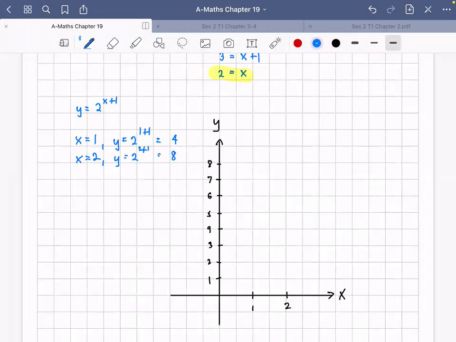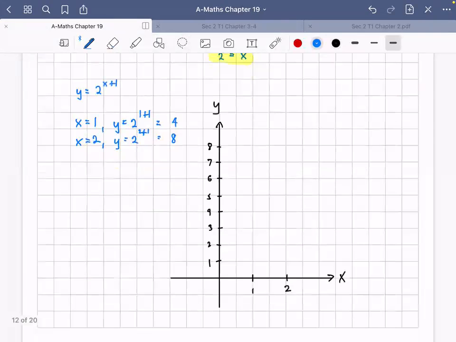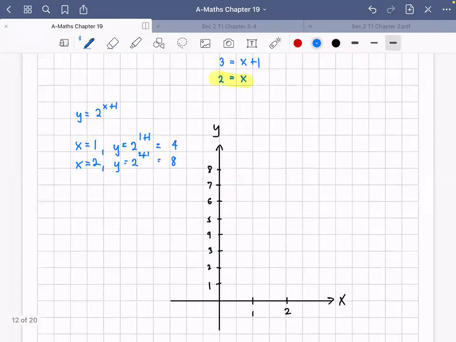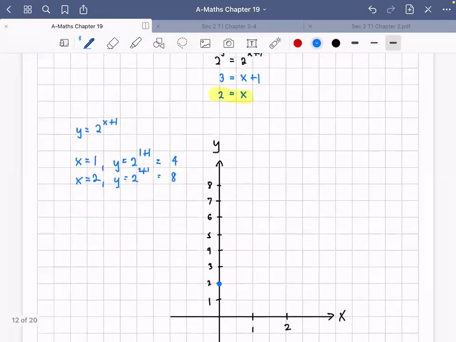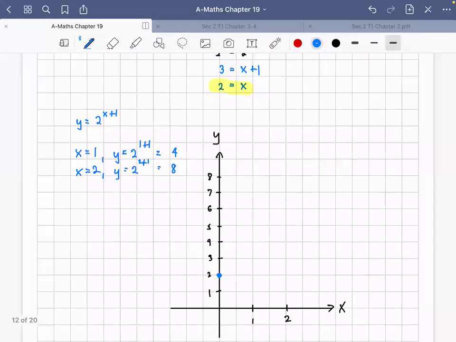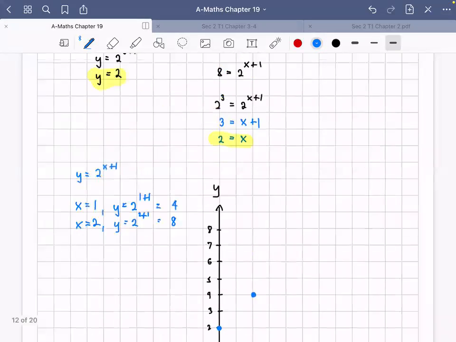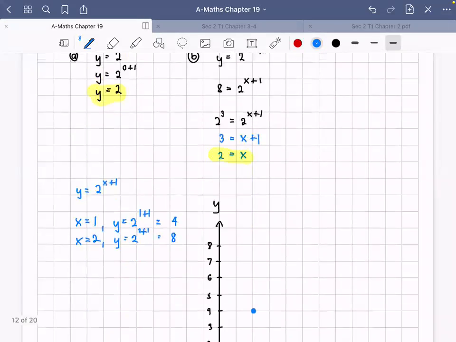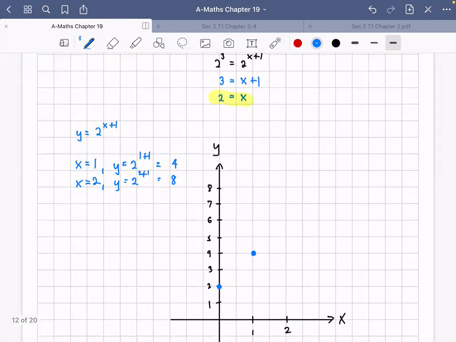Okay, so we have 0 and 2. Okay, and then 1 and 4. And then 2 and 8.